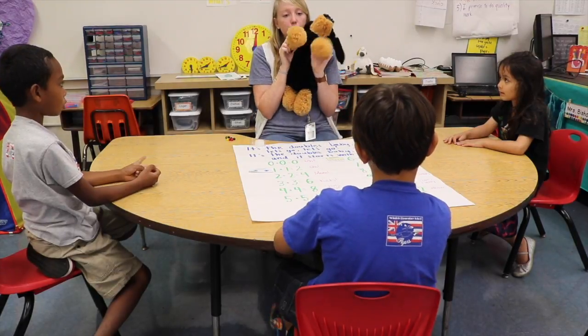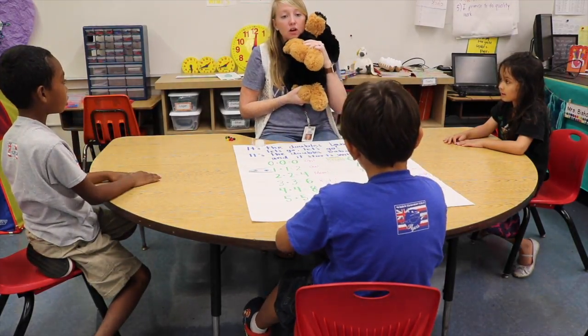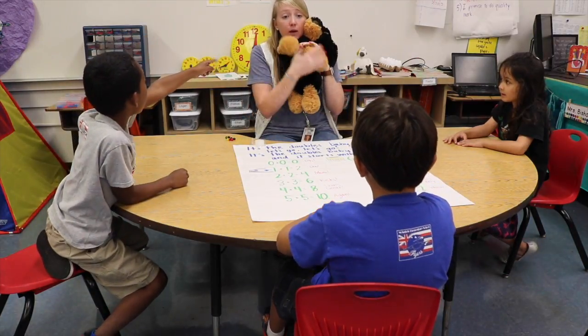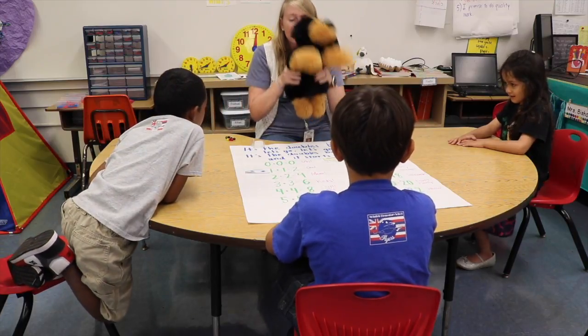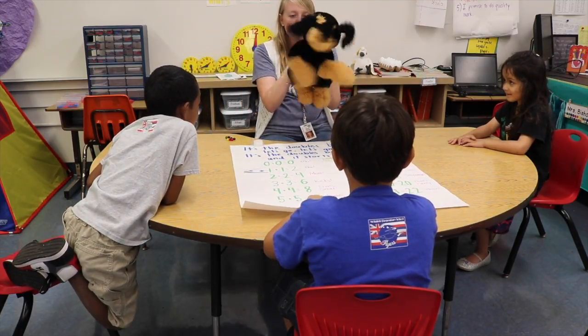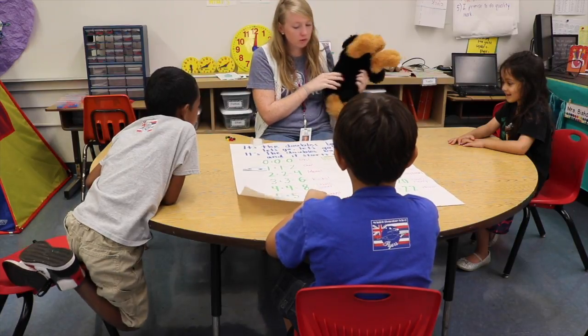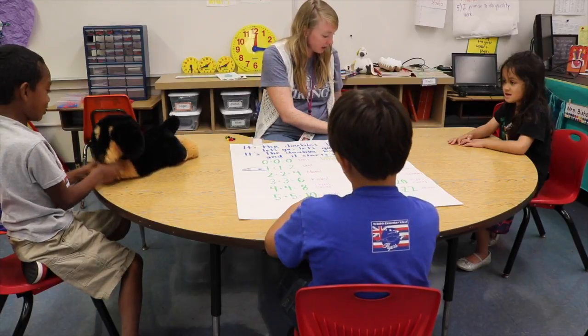Pepper's got 2 front legs and 2 back legs. How many legs does Pepper have in all? 4. 2 plus 2 equals 4. So, Dejan, you count and add Pepper's 2 front legs and 2 back legs.